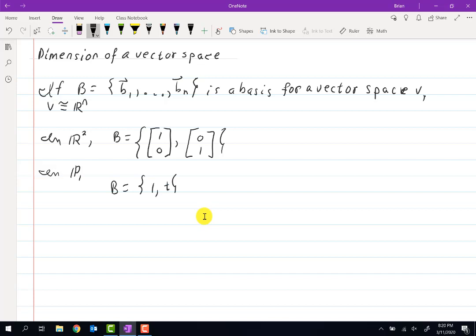But I indicated to you that you could think of the one as 1 plus 0 times t, and the other as 0 plus 1 times t. So I think of the first polynomial as just like the vector 1, 0, and the second polynomial as just like the vector 0, 1.